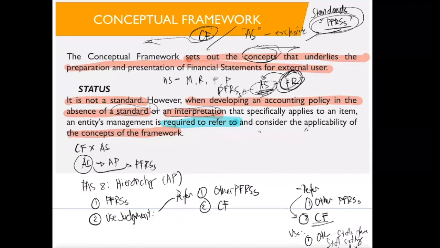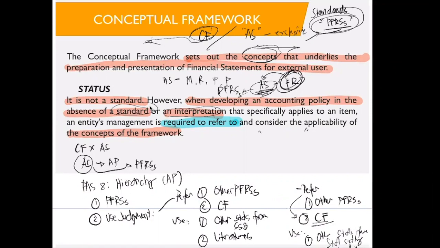We use the other standards from standard setting bodies, such as your US GAAP. If still, after exhausting your US GAAP, wala pa din, you can now make use of literatures such as the opinions of authors in a textbook, journals, magazines, and research papers to account for a particular transaction or event.